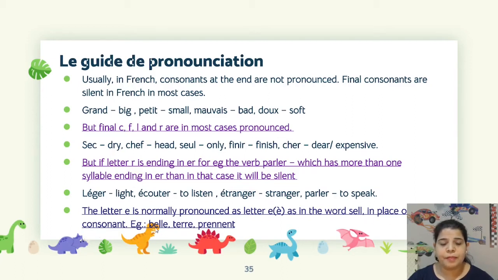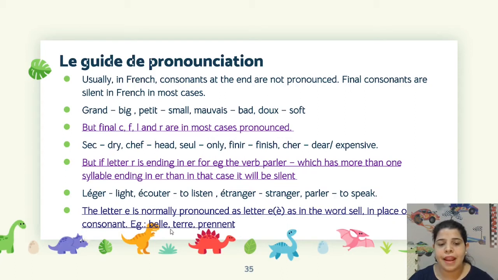For example, this word here, bell. Although there is no accent grave on this E, we are pronouncing it as A because it has a double consonant.